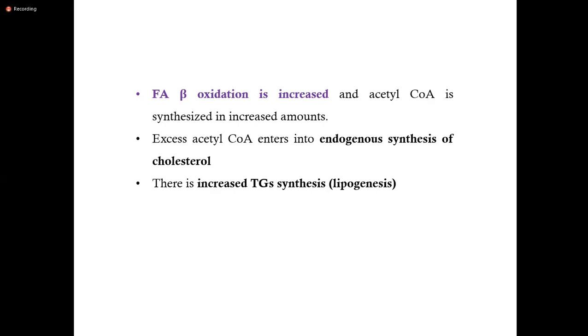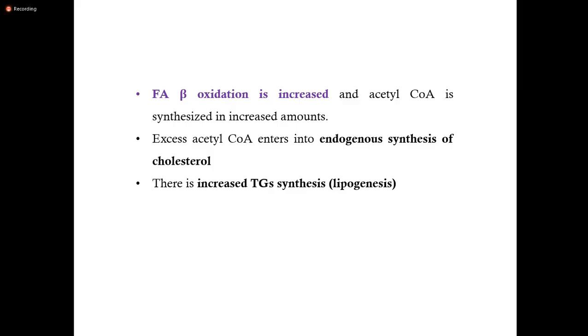At the end of beta oxidation, there is production of acetyl-CoA, and this acetyl-CoA is the precursor for endogenous fatty acid synthesis and also endogenous synthesis of cholesterol. So when there is excess acetyl-CoA, which cannot be managed by the TCA cycle for energy production, it is diverted to produce cholesterol and fatty acids.